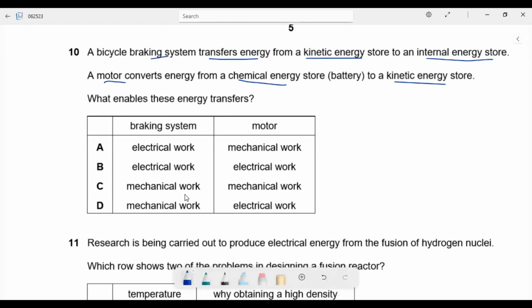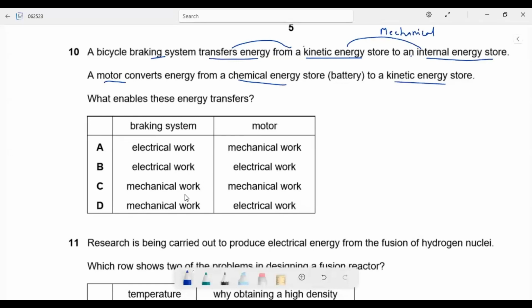In the braking system, as the brake pad exerts a frictional force on the wheel, mechanical work is being done. So in a braking system, when energy is getting transferred from kinetic to internal store, mechanical work is being done.